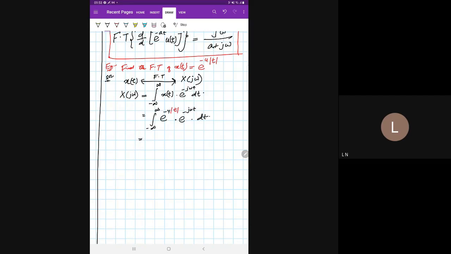If we simplify this, mod of t means t having either positive or negative value.